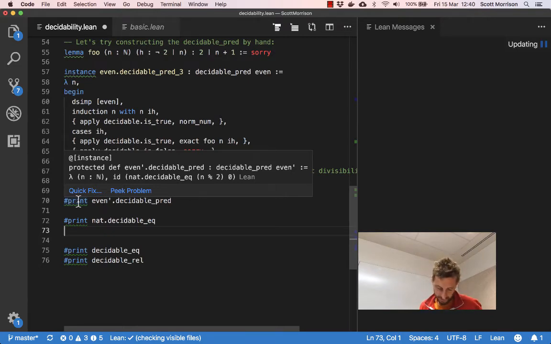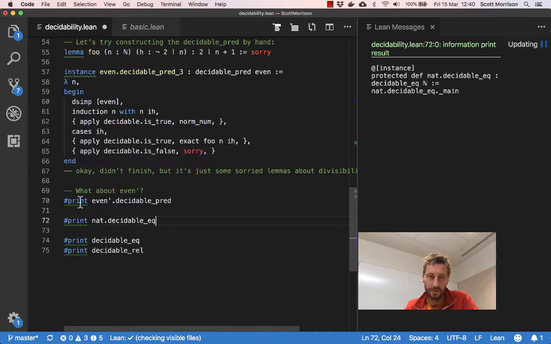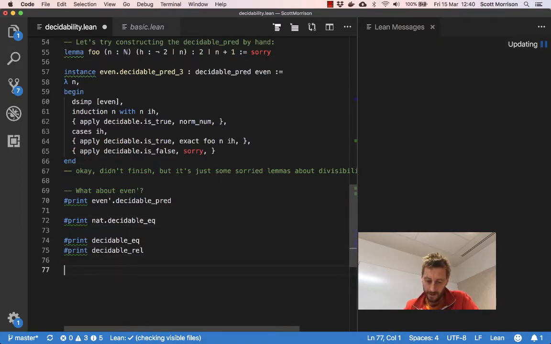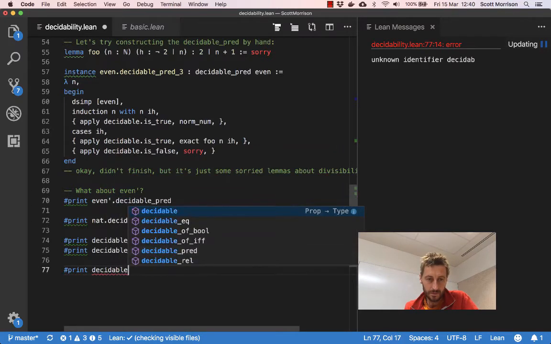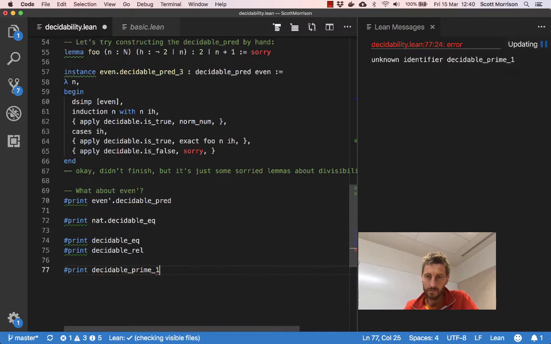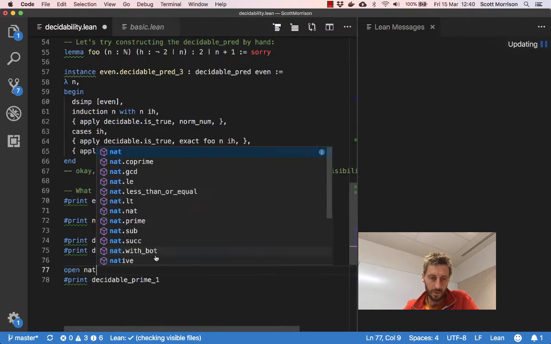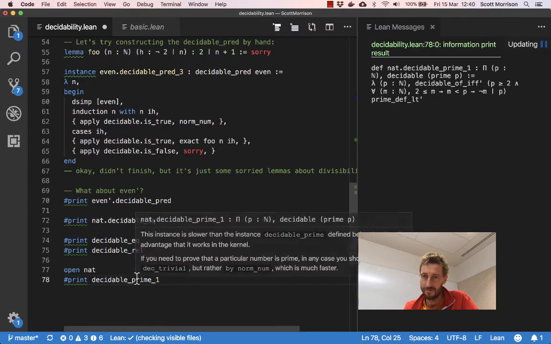What else do I want to say here? Let's maybe look at MathLib's, or one of MathLib's proofs that being prime is decidable.